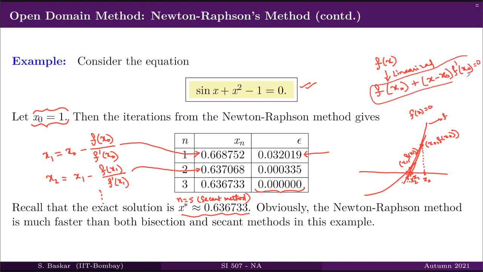In that way, we are looking at the tangent line of f at the point x naught and seeing where it touches the x-axis. And that was the idea of Newton-Raphson method, and that is how we obtained x1, right? So geometrically, therefore, it has to be like this.